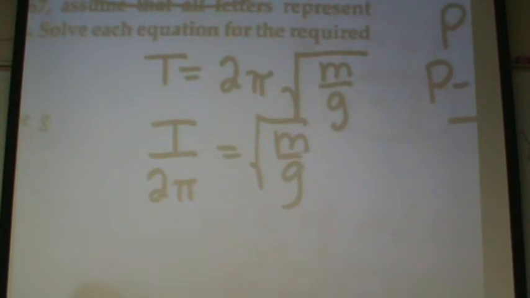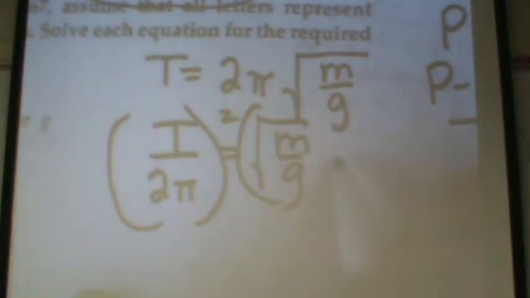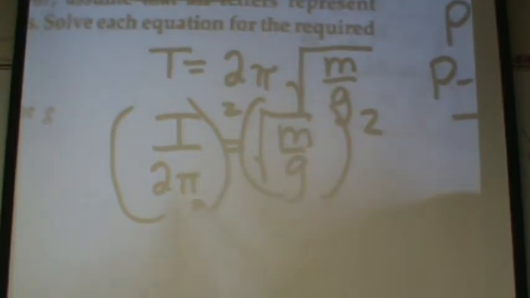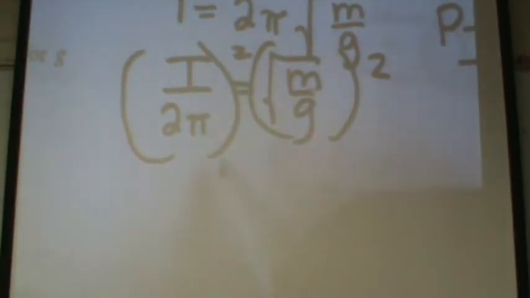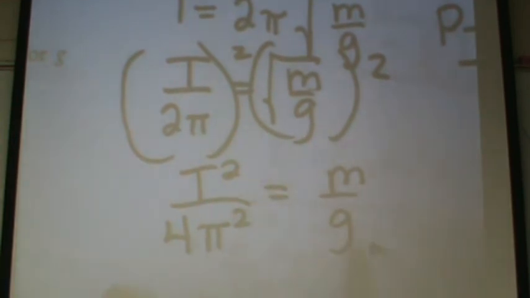I've got a radical stopping me. So you're going to square both sides. When you square the left side, what do you get? T squared is correct. That's it? Just T squared? Over 4 pi squared. You have to square everything. And then you get m over G. Now what I would do is I would cross multiply because you want to get G out of here.